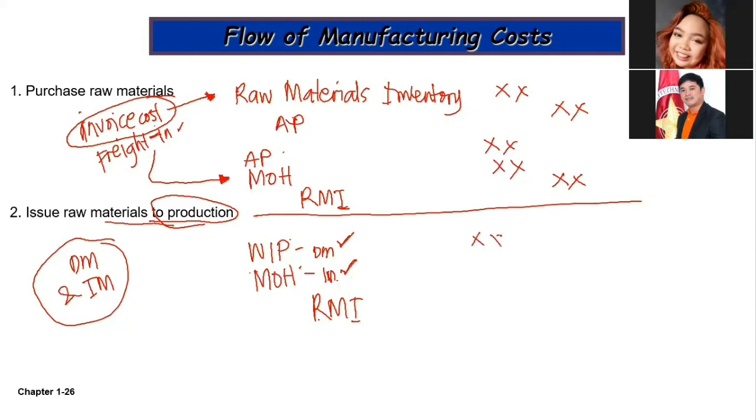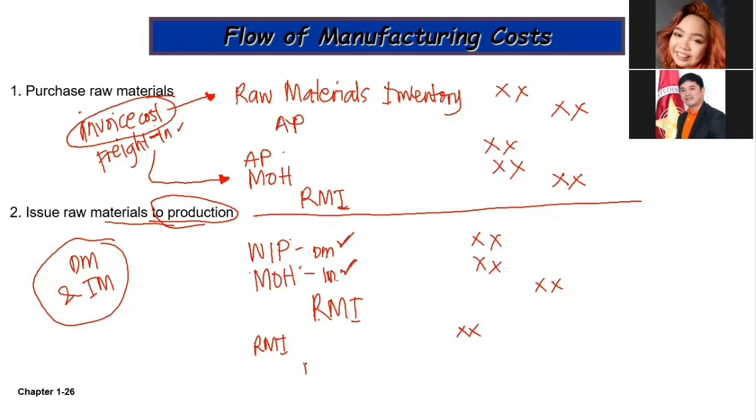Okay? So, ayan. But sometimes, yung inisyo mo sa production, sobra-sobra. That's why ibabalik mo sa warehouse or sa stock room yung ibang raw materials. Pag nagbalik ka, debit raw materials inventory for the total amount of raw mats na binalik. Pero sa binalik, meron palang direct, meron ding indirect.